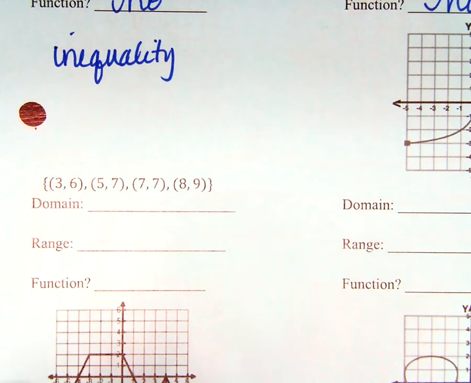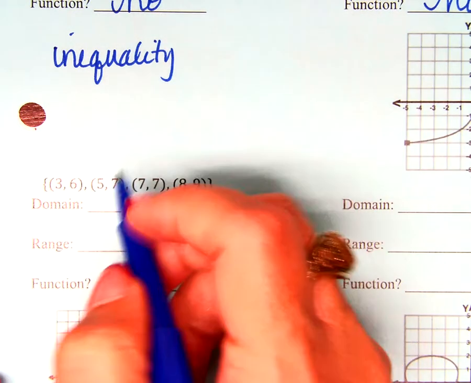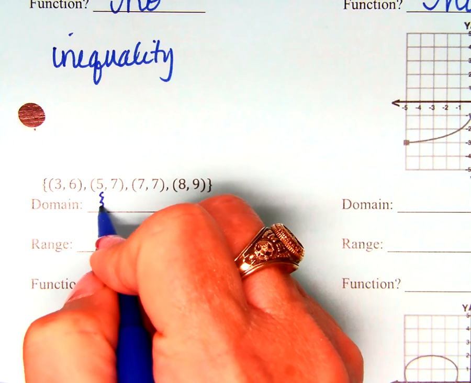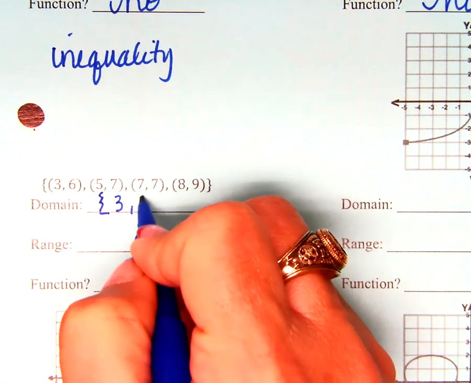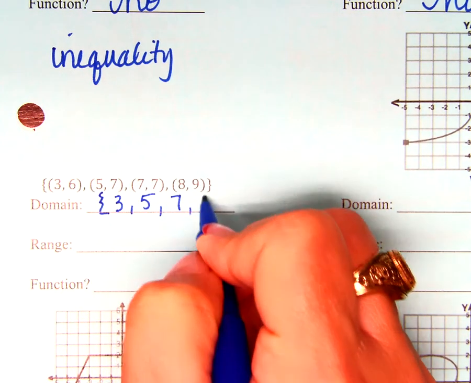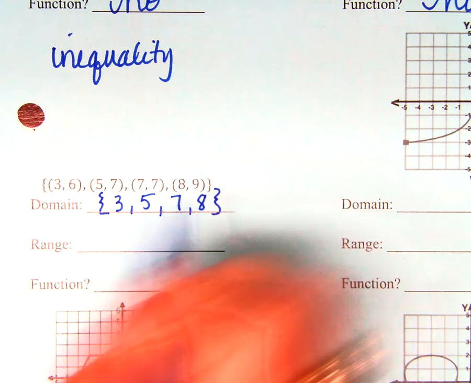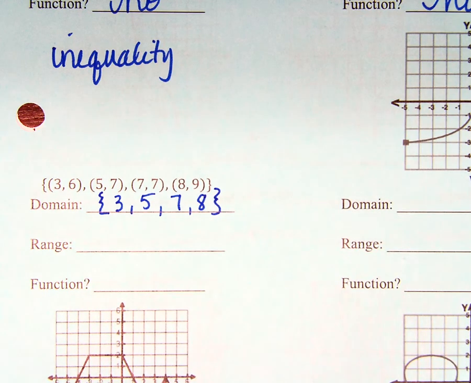Well, I just have a list of points. What's my domain if I'm just given a list of points? Yeah, it's just the x's, right? So 3, 5, 7, 8. It's just the x's.